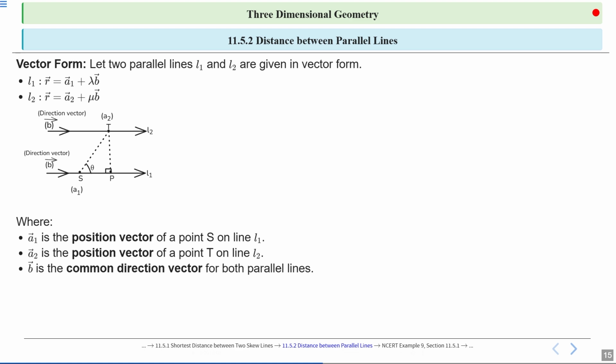The vector B is called the common direction vector. Both lines are parallel because they share this same direction vector, which means they point in exactly the same direction. Finally, lambda and mu are scalar parameters.